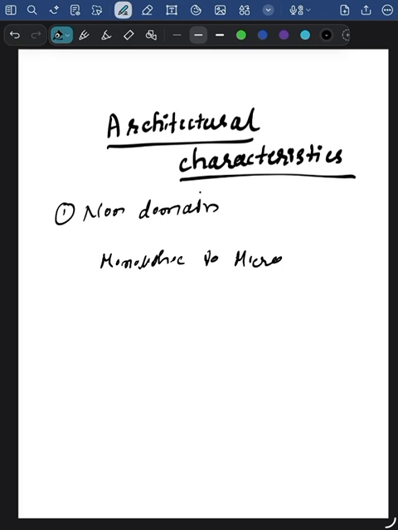In monolithic, we had only a few constraints and we were able to handle the security in simple ways. But in microservices, there are more constraints that we need to take care of.